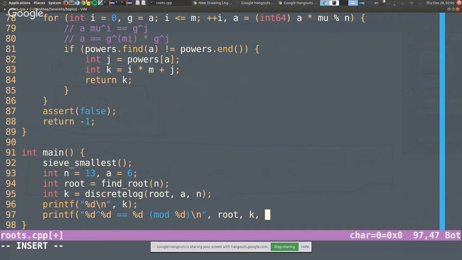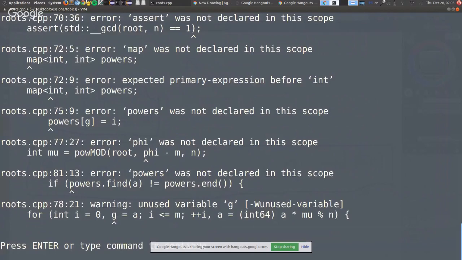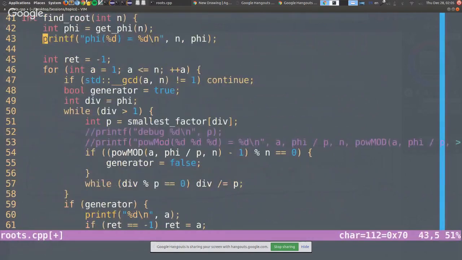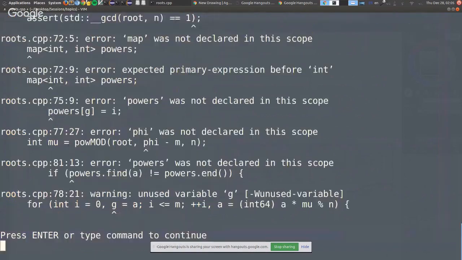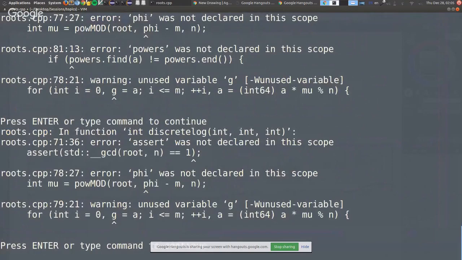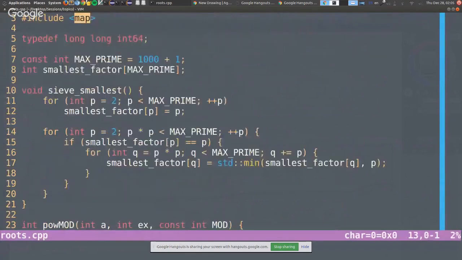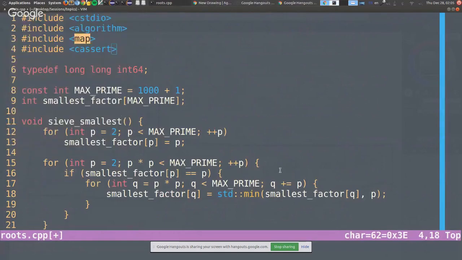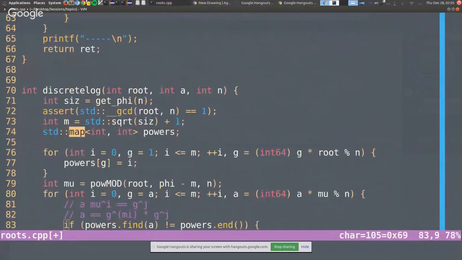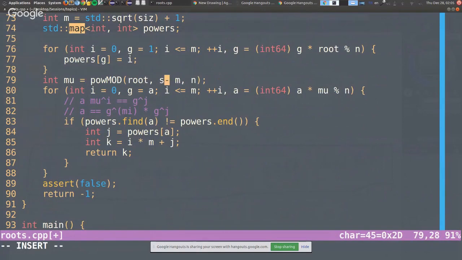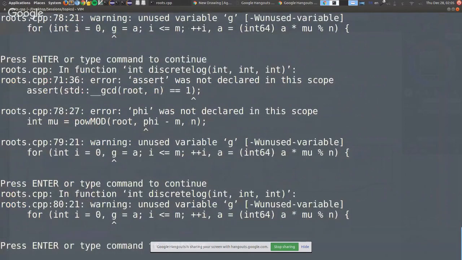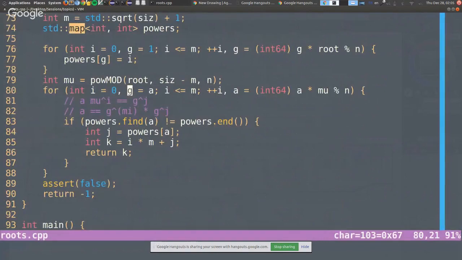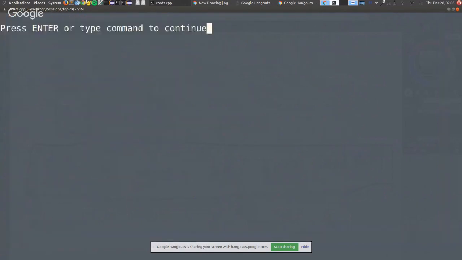So root to the power of k is equal to a mod n. Let's just reset and get the answer.